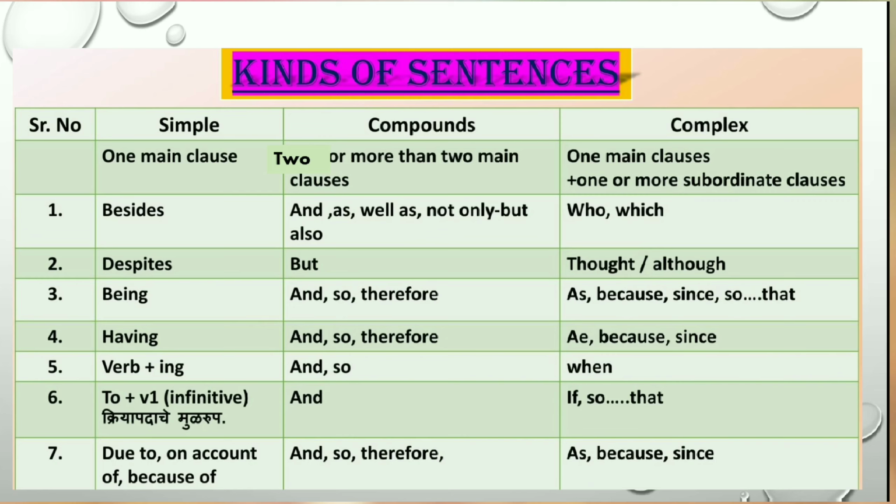If to plus infinitive form of the verb is used in a simple sentence, you can use and to make a compound sentence, and if or so that to make a complex sentence. Now in a simple sentence, if due to, on account of, because of is used, you can use and, so, therefore to make a compound sentence, and as, because, since to make a complex sentence. This chart will be useful for you for better understanding.